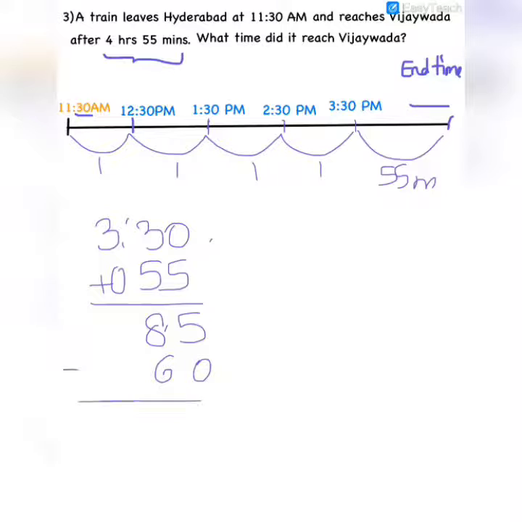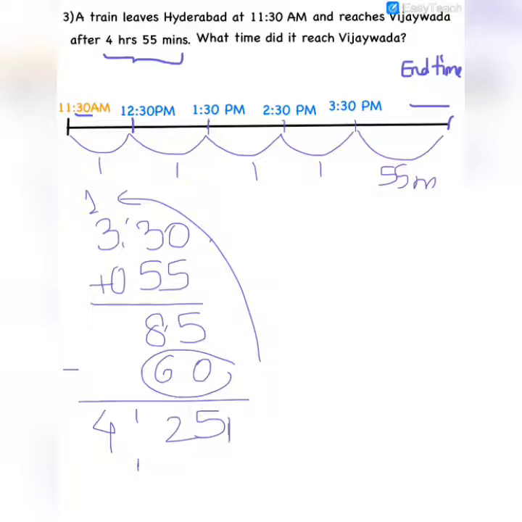So we'll subtract 60 from 85, which gives 25, and this 60 will go as a carry here, 1. So we will have 4. So the time will be 4:25 p.m. One way of calculation, adding 55 minutes, is this: 4:25 p.m. is the end time at which the train will reach Vijayawada.